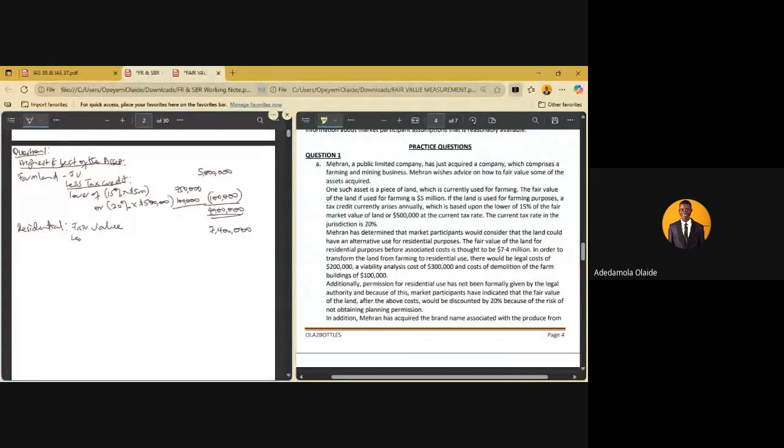So we'll say less legal cost, $200,000, viability analysis cost, 300,000, then demolition cost, 100,000.